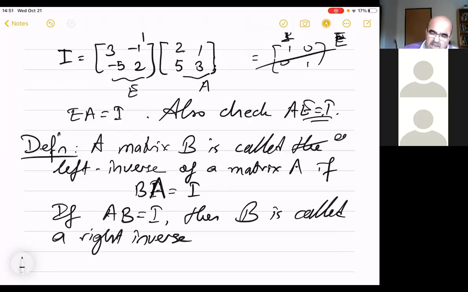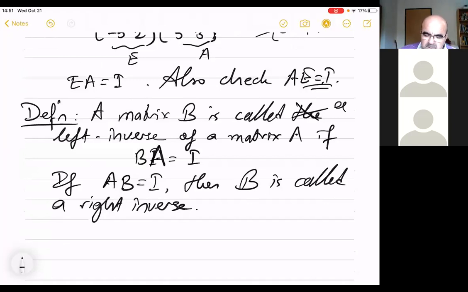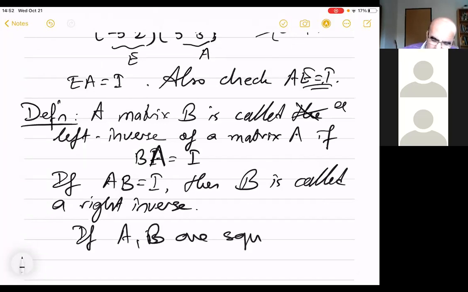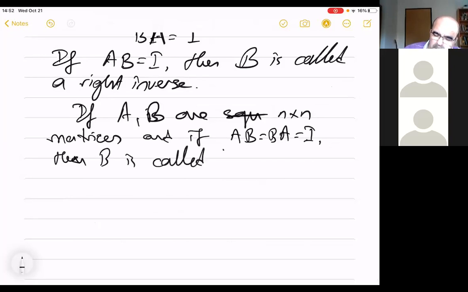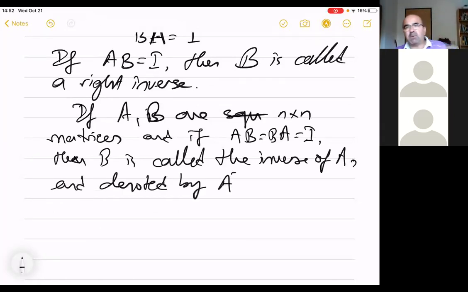And if A and B are n by n square matrices, and if A times B is equal to B times A, which is the identity, then B is called the inverse of A and denoted by A inverse. For A inverse, it has no other meaning.